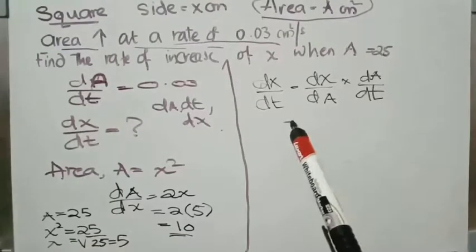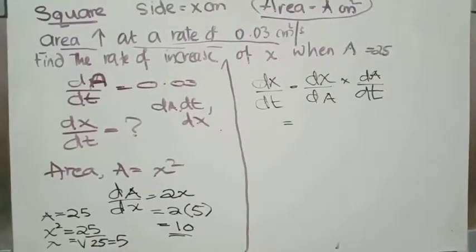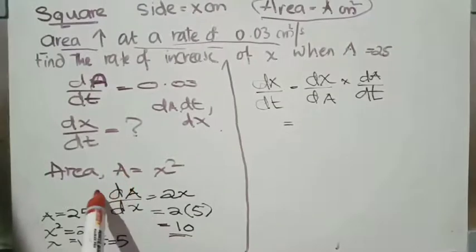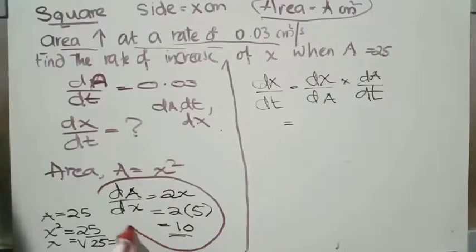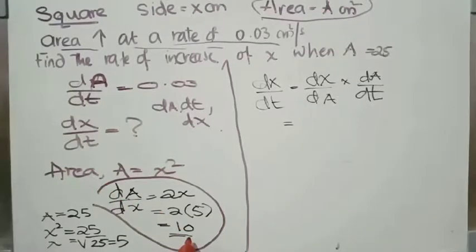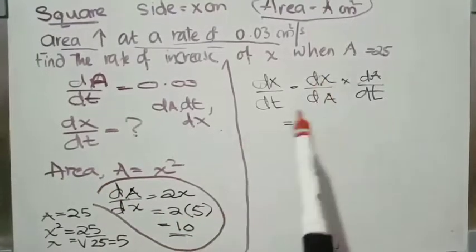Here you have to think now. We don't have dx by dA in your results, but you have dA by dx. dA by dx is 10 and we want dx by dA.